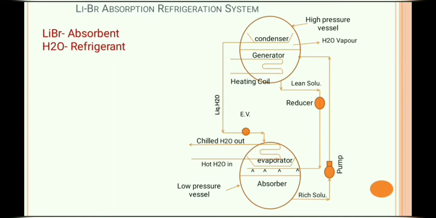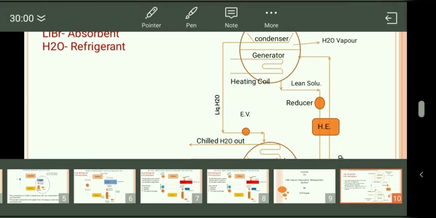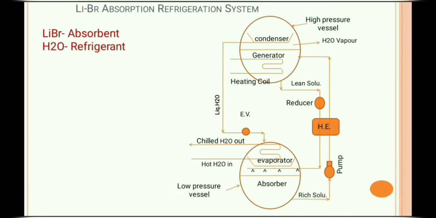Similarly, the rich solution which is coming out from the absorber and goes to the generator through the pump, if that solution has a higher temperature, then for the separation of LiBr and H2O from that solution, we have to provide less amount of heat to the generator.